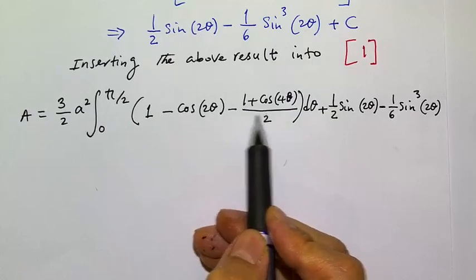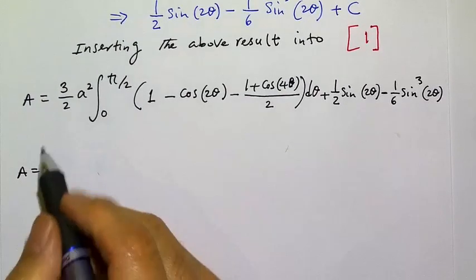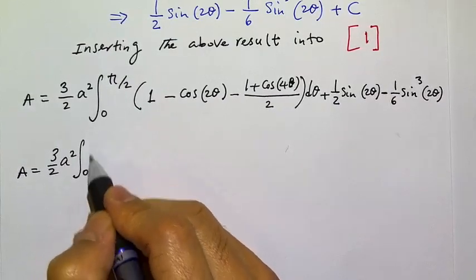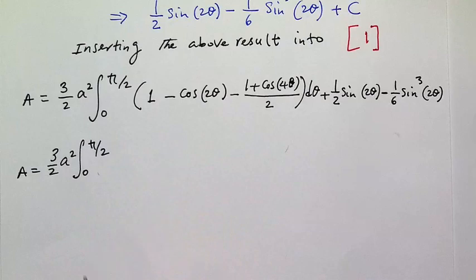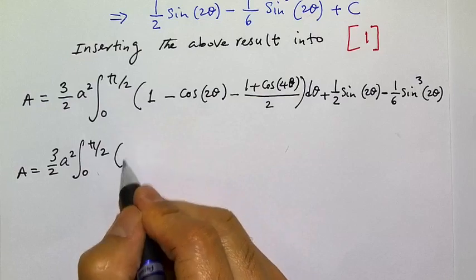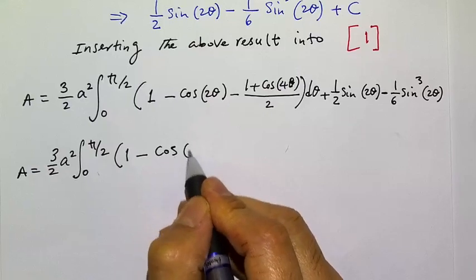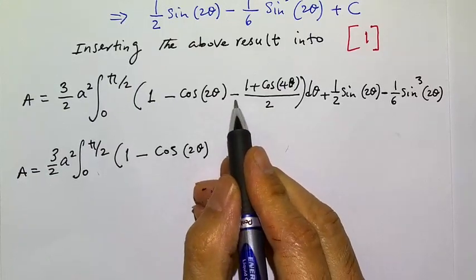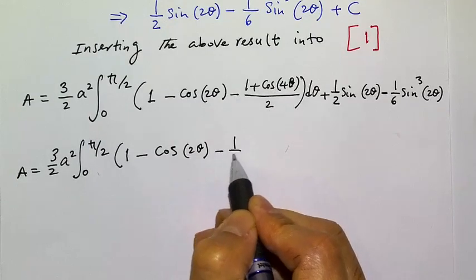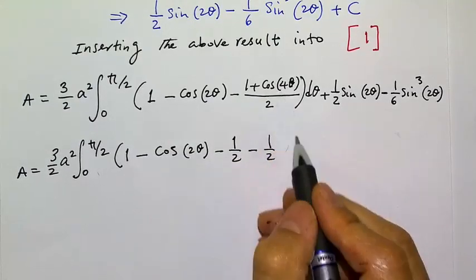So now I'm going to simplify this term a little bit. So we have A equals 3/2 a squared, integral from 0 to pi over 2. And so this we can't do anything about. 1 minus, we can't simplify this anymore, cosine 2 theta. Now I'm going to distribute this minus, I'm going to separate these two terms. So it's going to be minus 1/2 minus 1/2 cosine of 4 theta.